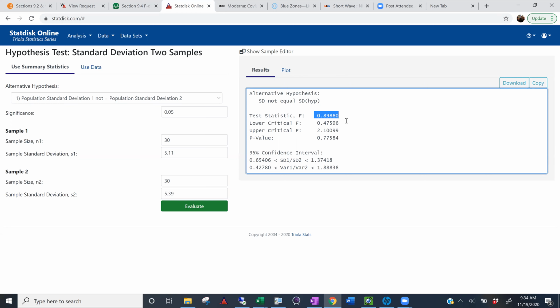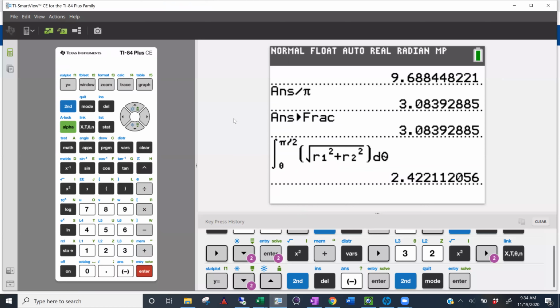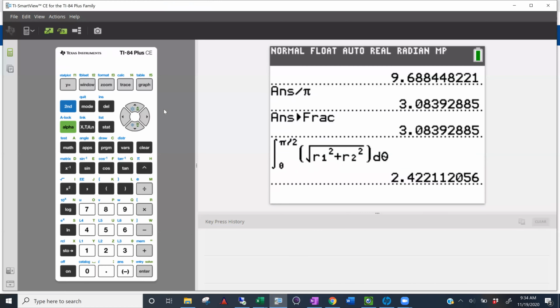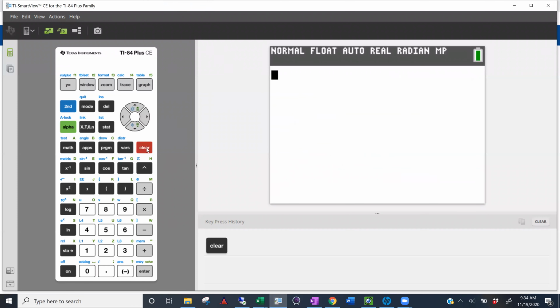Just by the way, I do want to point out that you can actually get that F statistic for yourself if you take and plug those in. Now let's clear out some stuff here so that it doesn't look too intimidating. And clear this one out as well.